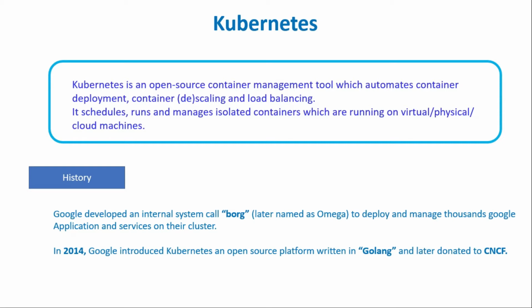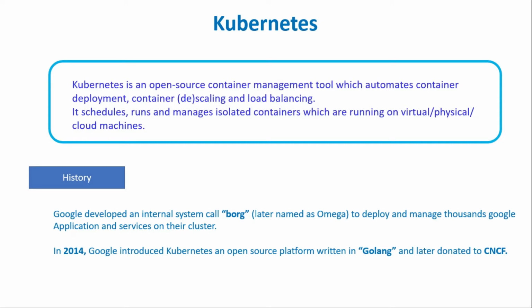But Docker Swarm is made for Docker only and cannot be used with any other containerized tool. Kubernetes is very popular, with about 90% market share, and almost 90% of companies provide Kubernetes certification.